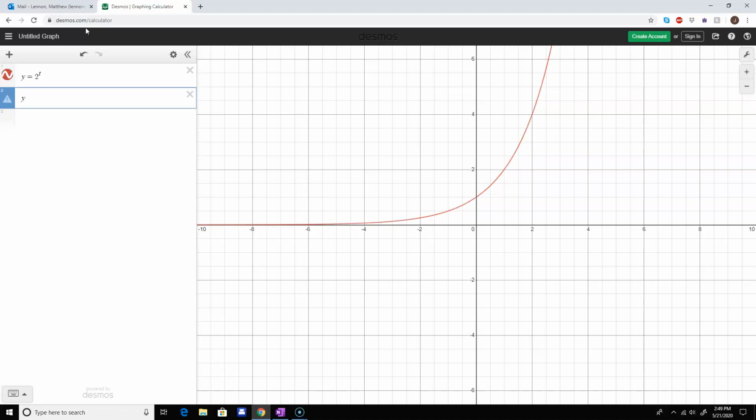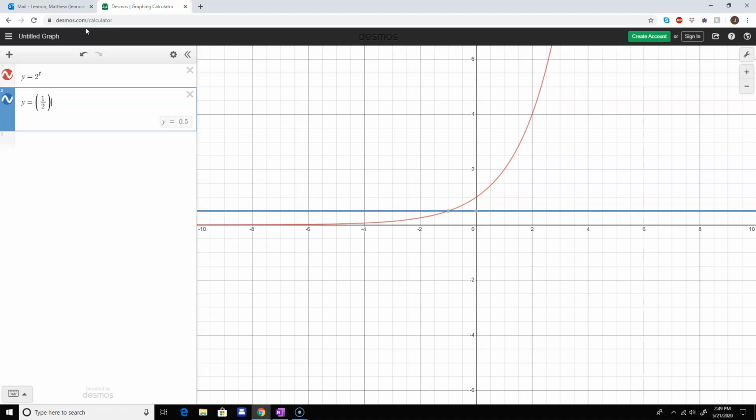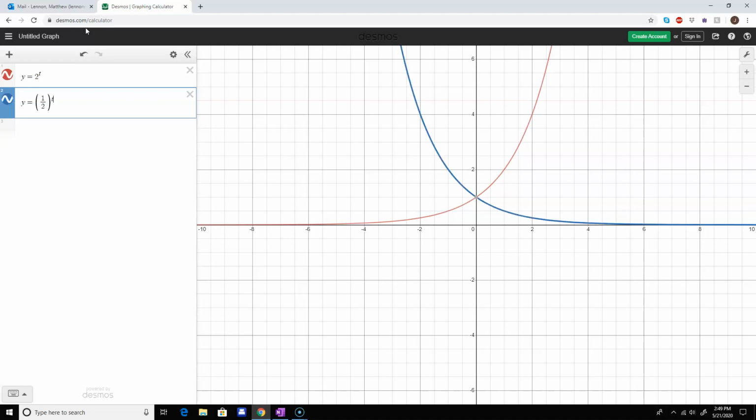We can graph this on the same plane. You can either do 1/2 or 0.5 and raise that to the t power, and we get the symmetric graph. And you can notice you can change b around and you'll get things that are steeper or flatter depending on what you're closer to.